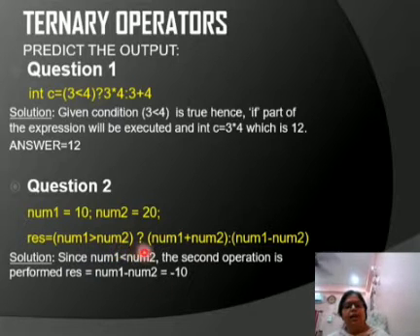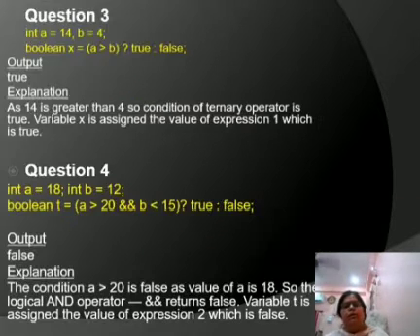If yes, then this answer will come. If num1 is less than num2, then the second operation is performed, num1 minus num2, and your answer will be minus 10. So go through it very thoroughly, and whatever query there is, ask me on my personal WhatsApp number.